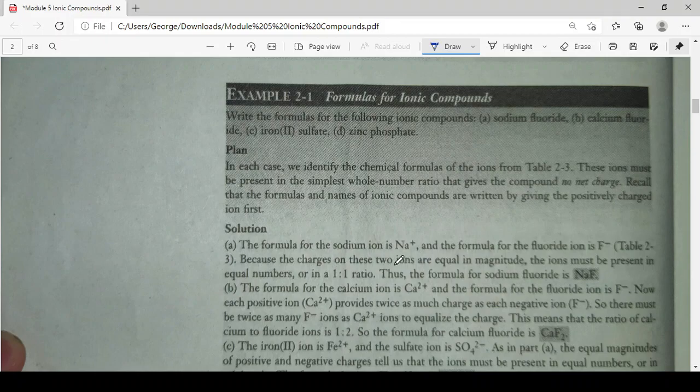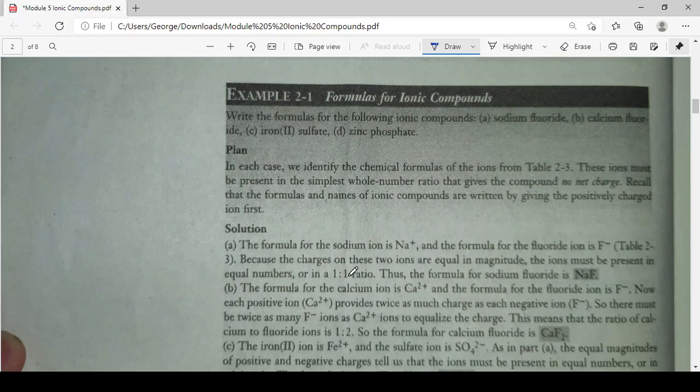So first and foremost, kids, how do you name your ionic compounds according to your formulas and how do you write them? You write the formulas for the following ionic compounds: sodium fluoride, calcium fluoride, iron 2 sulfate and zinc sulfate. You will write as follows. So, your plan first.